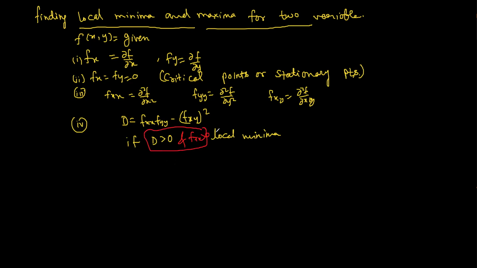If these two conditions are satisfied, then you can say you will get local minimum. If D is greater than 0 but f xx is negative, you will get local maximum.